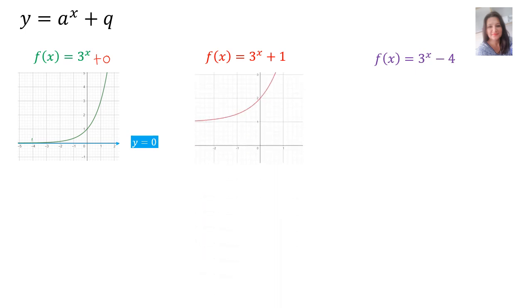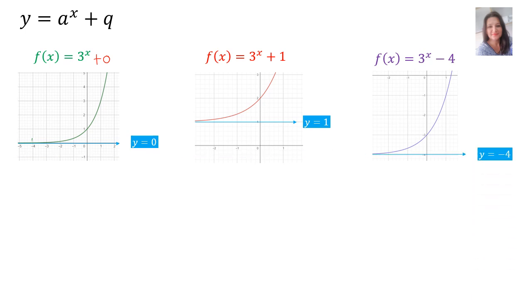Can you see what happened? That plus 1 is now suddenly the line y is equal to 1, which is your new asymptote. And then when I give you f of x is 3 to the x minus 4, can you see what happened there? The line y is equal to minus 4 is now your asymptote.